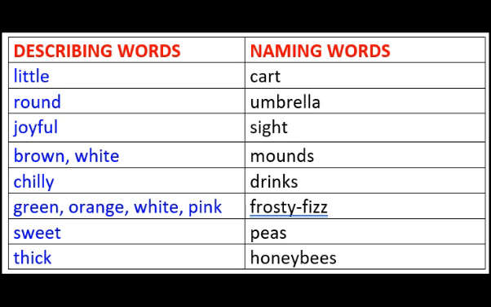Chilly drinks. Chilly is the describing word for the drinks. Green, orange, white, pink. These are the describing words for the frosty fizz. Sweet peas. Sweet is the describing word describing the taste of the peas. Thick bees. Thick is the describing word describing the size of the bees.